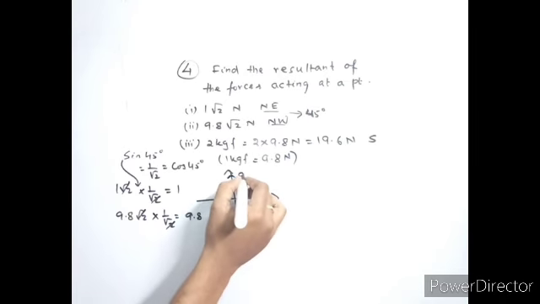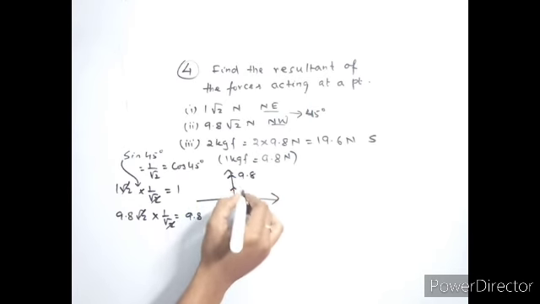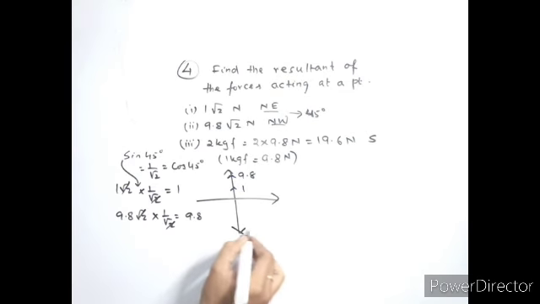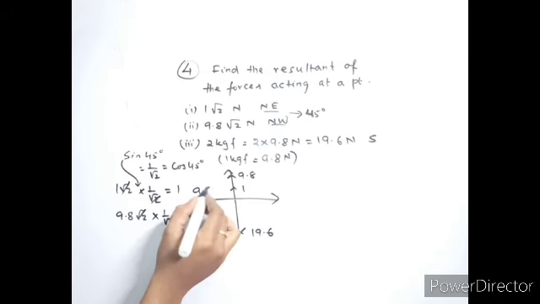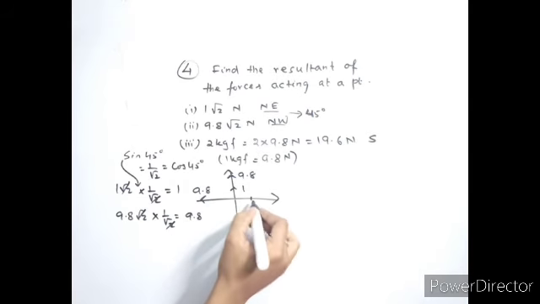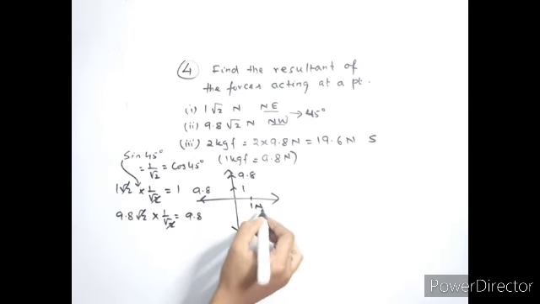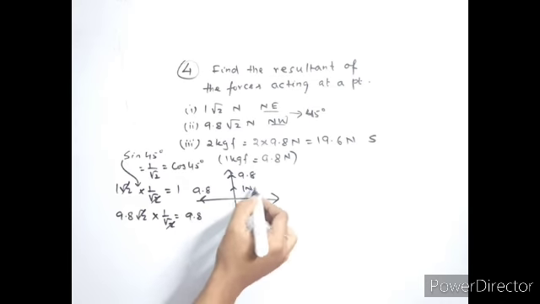So what we have is 9.8 in the north direction, 1 newton in the north direction, 19.6 in the south, 9.8 in the west and 1 in the east direction, all in newtons.